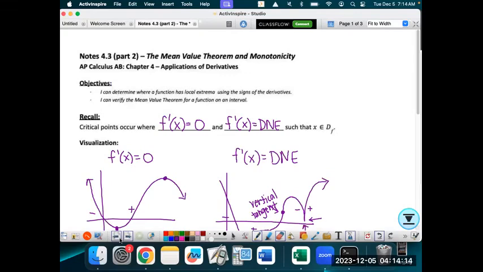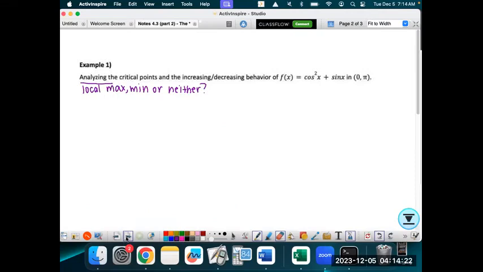The slopes beforehand were positive and after were positive, so there was no sign change. If that's the case, nothing's going on there. You need to have a sign change for it to be a local max or a local min. And then I want my increasing and decreasing intervals, of course. So let's get started. Hopefully it comes naturally at this point. Find that domain.